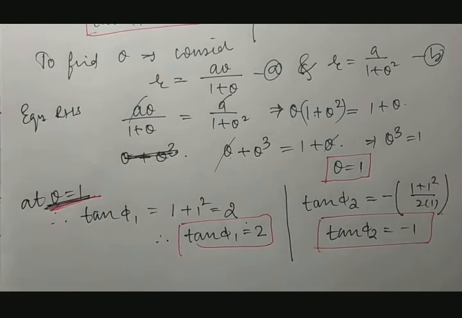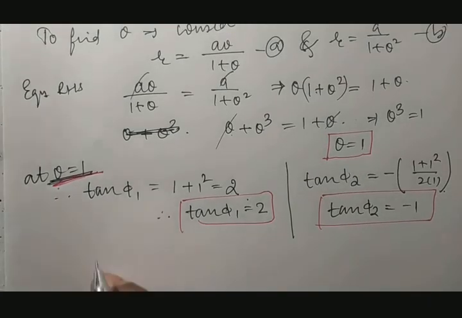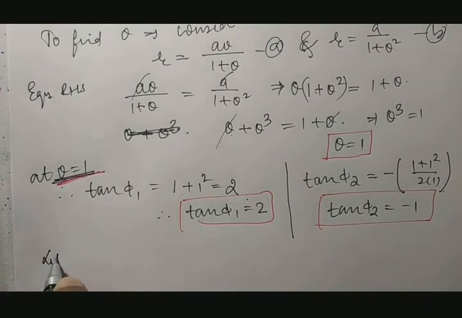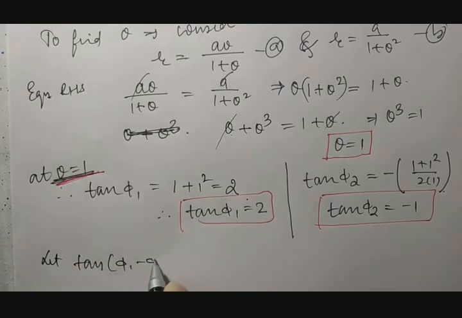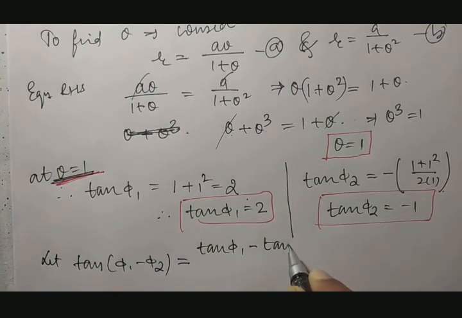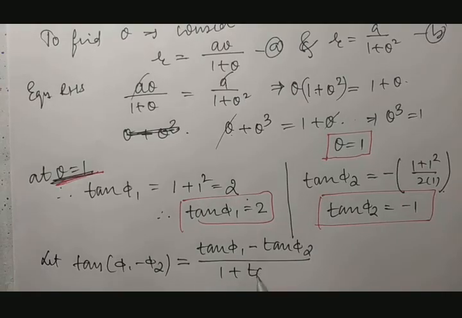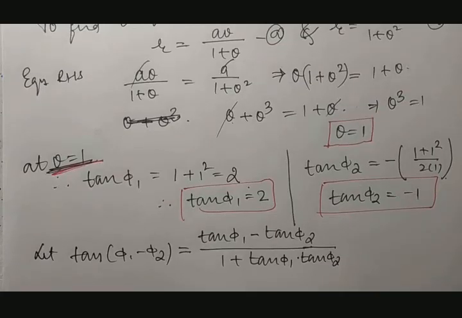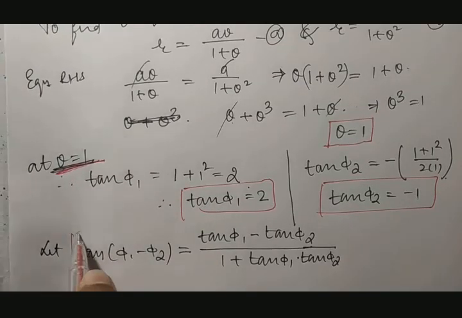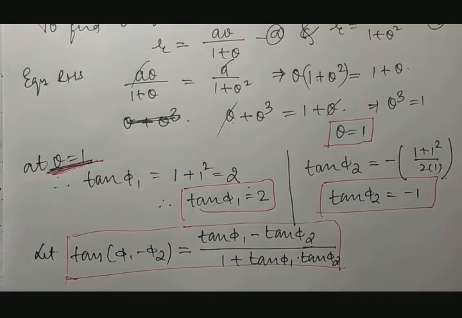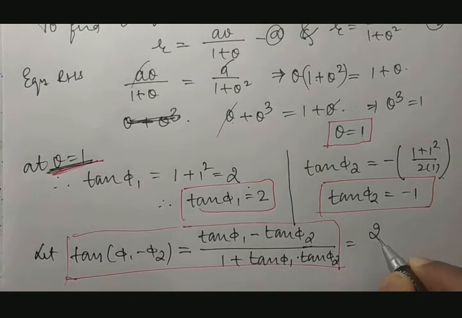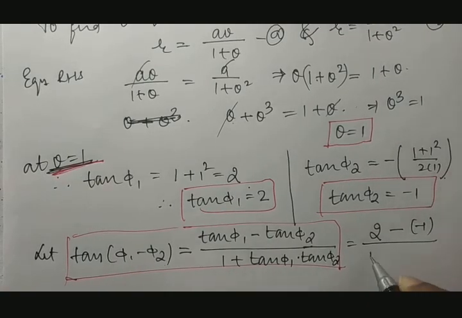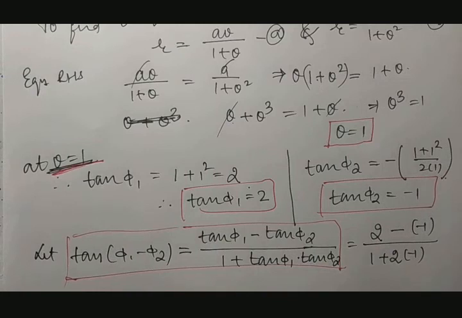We know one formula: tan of phi 1 minus phi 2 is equal to tan phi 1 minus tan phi 2 divided by 1 plus tan phi 1 into tan phi 2. Substituting the values, this is equal to 2 minus of minus 1, divided by 1 plus 2 into minus 1.